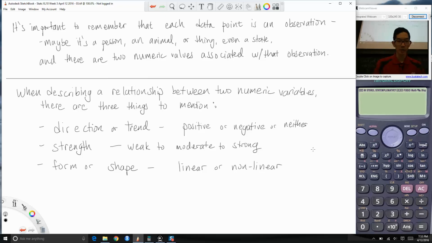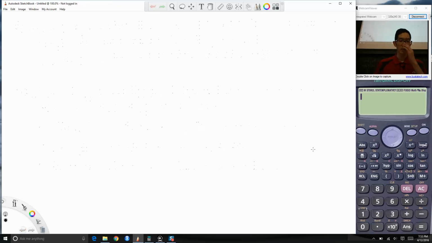Okay, so let's talk about each of these things. We'll talk about direction first, and we'll talk about positive direction. If the direction or the trend is positive, positive means that large values of x are associated with large values of y.